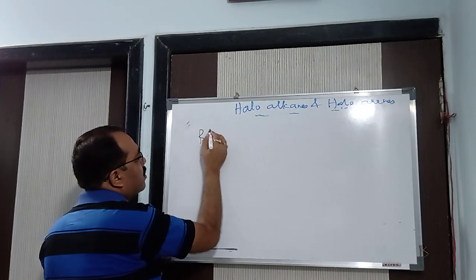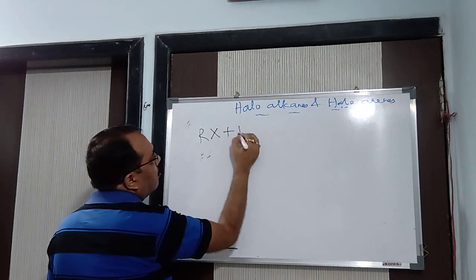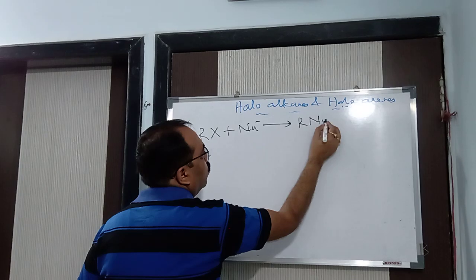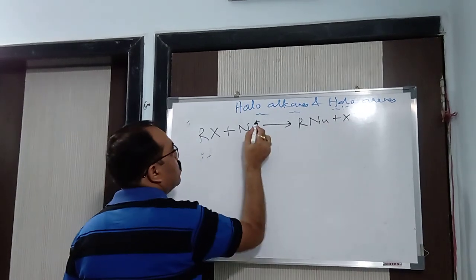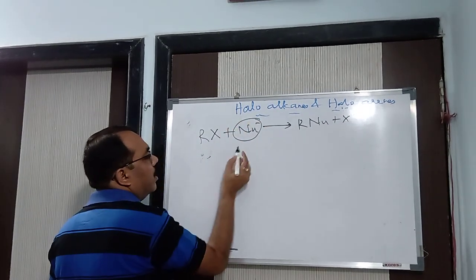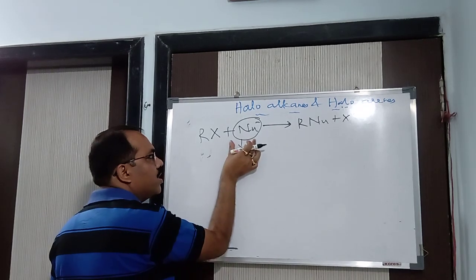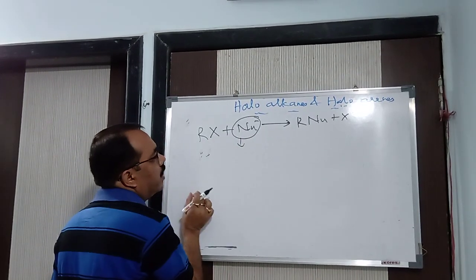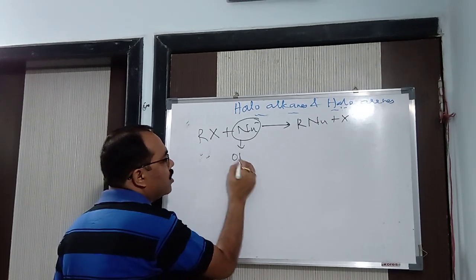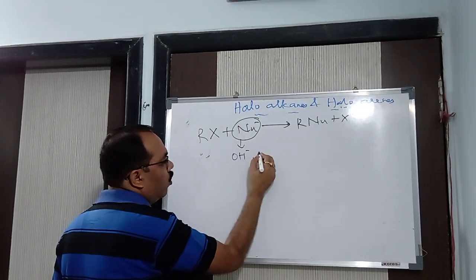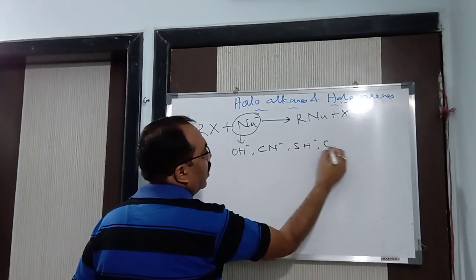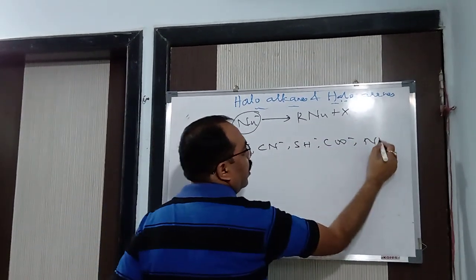So the general reaction I am writing out: RX plus Nu minus gives RNu plus X minus. Here we are going to take any nucleophile. Any nucleophile means it has to be a stronger nucleophile than halides. What can we use? Many nucleophiles are there: OH minus, CN minus, SH minus, CO minus, NH2 minus.